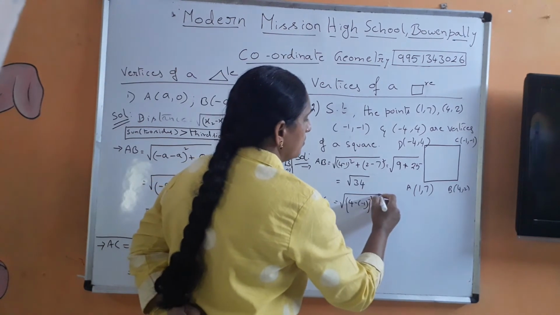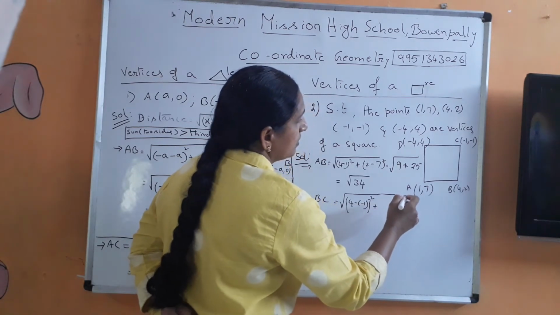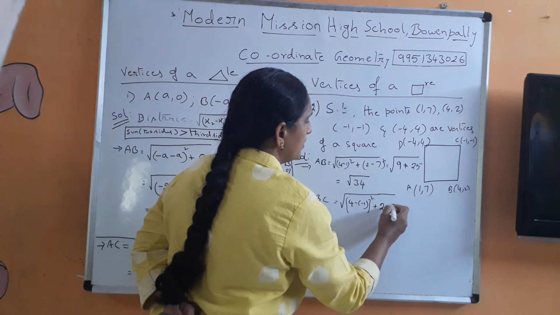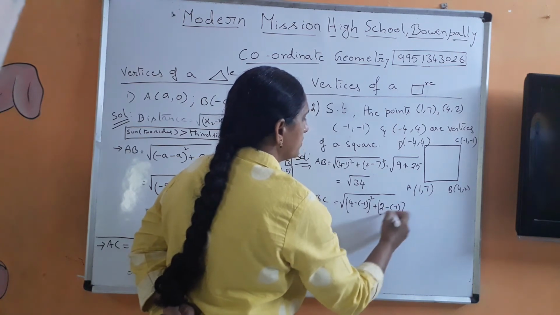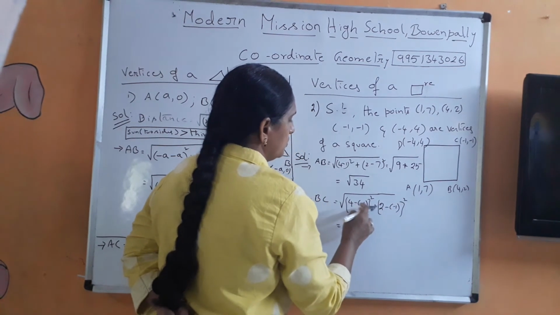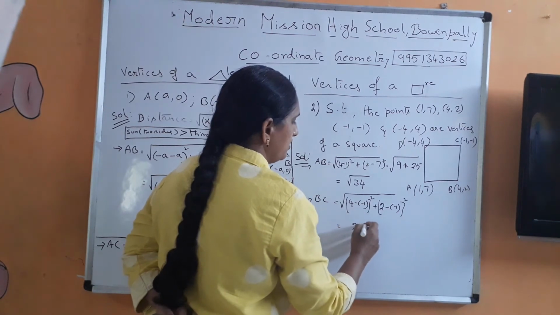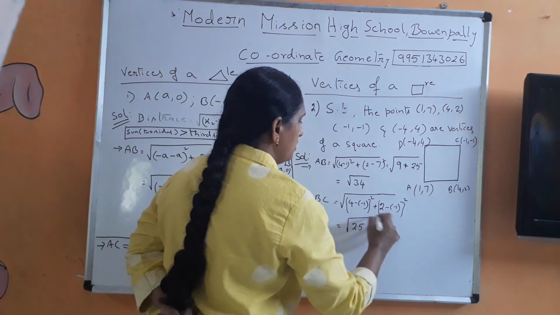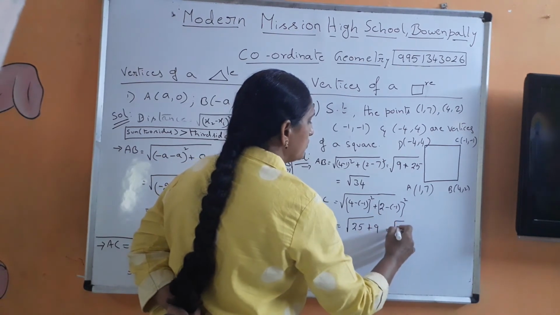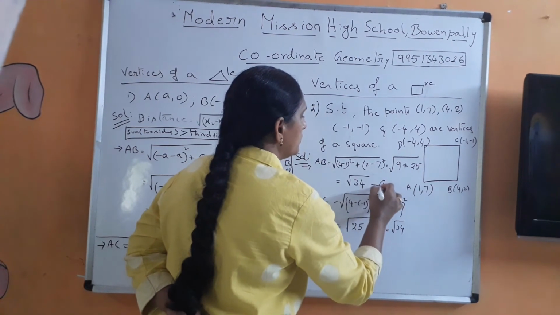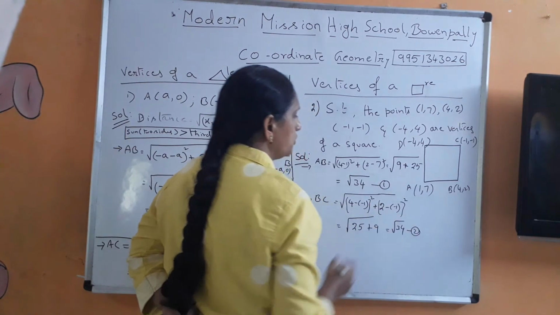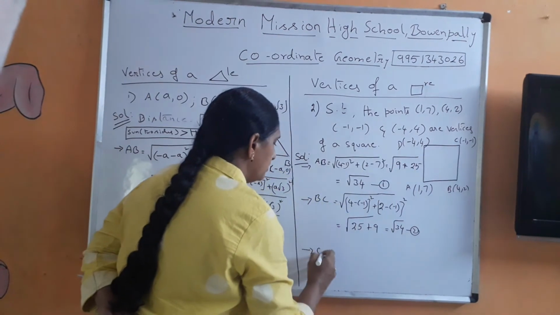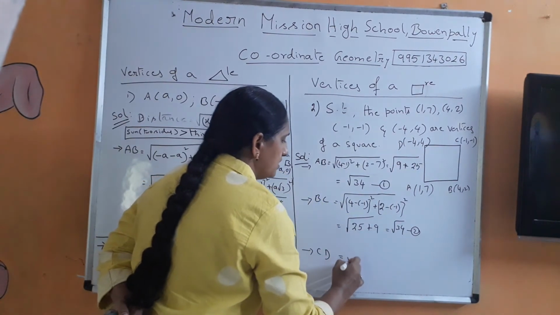Either way you can take. And then the other one is 2 minus of minus 1 whole square. 2 plus 1 is 3, 3 square is 9. Under root, 25 plus 9 is equal to square root of 34. Let this be equation 1. Let this be equation 2. Now the third one is CD. Let us find out CD.